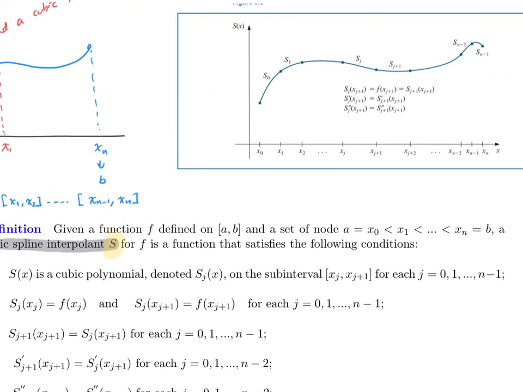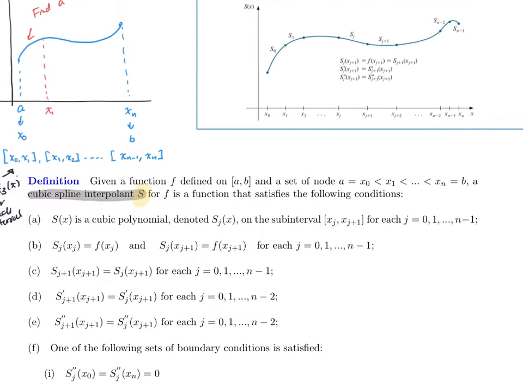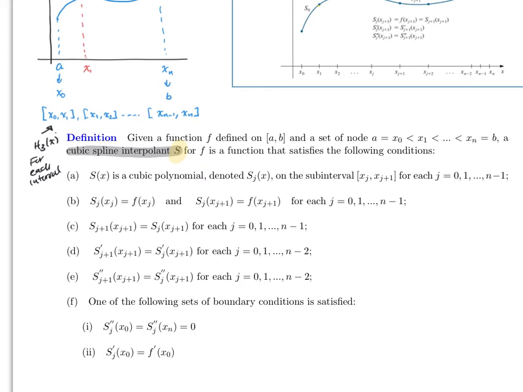As you can see, this point is the same for this polynomial, but it's also for S1. So at this point, S0 and S1 are the same, just like here, S1 and S2 are the same, and so forth. So that's what condition C means. Then condition D says that not only they had to match at the point, but they also had to match in the derivatives, and they also had to match at the second derivatives.